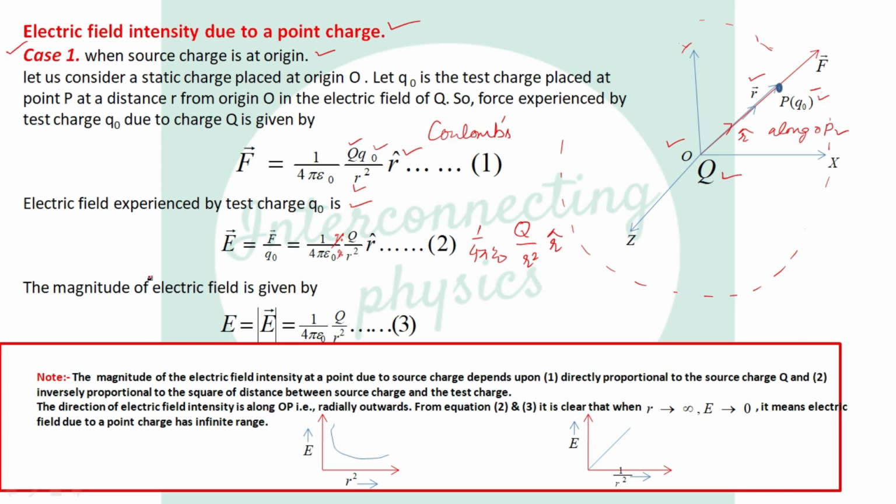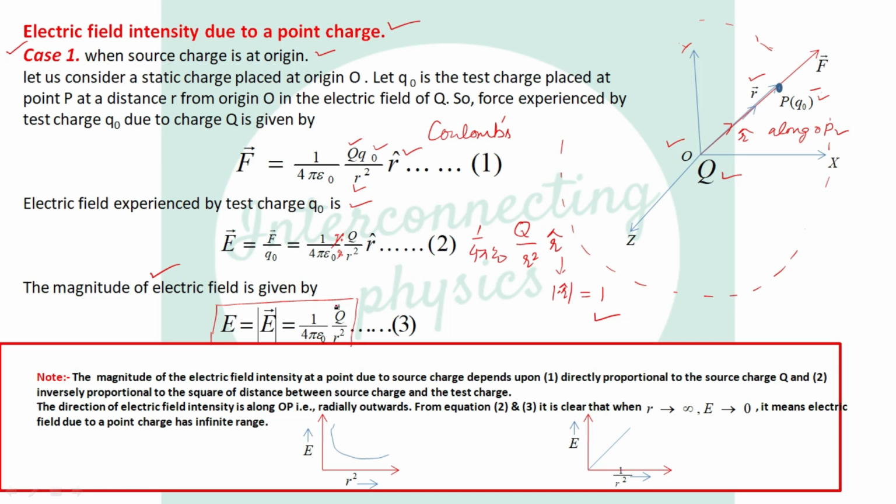Now the magnitude of electric field is given by 1 over 4 pi epsilon naught Q divided by R square, because the unit vector has magnitude equal to 1. So this is the formula for electric field due to a point charge when source charge is present at origin.